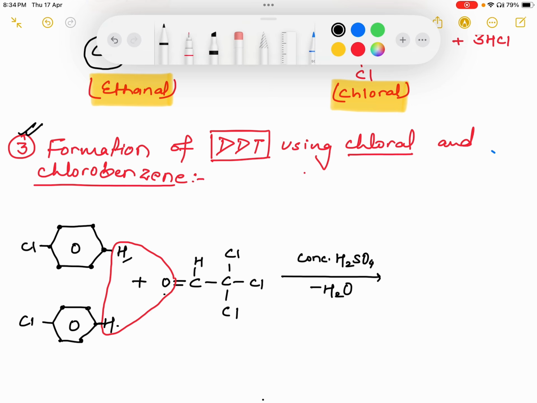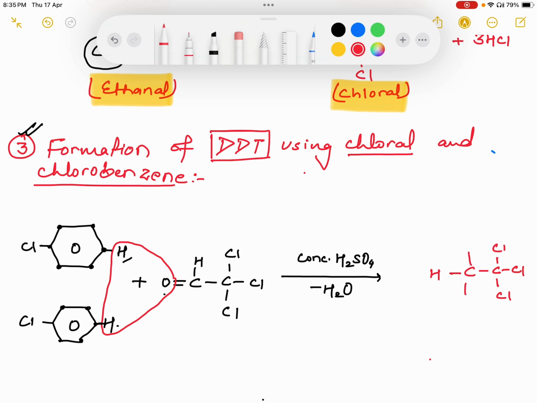And the remaining group seems something like this: C. How many chlorine are there? Cl, Cl, and Cl. Other than that, this second carbon has one hydrogen and it is attached, or you can mark it something like this. Sorry, let me put the hydrogen right here.